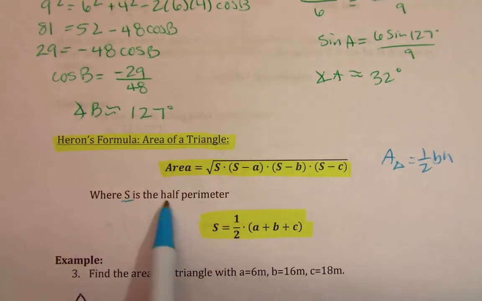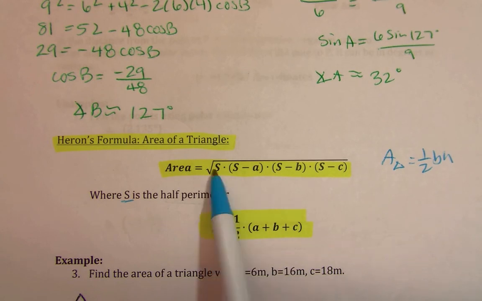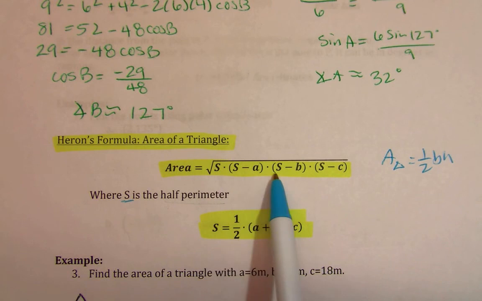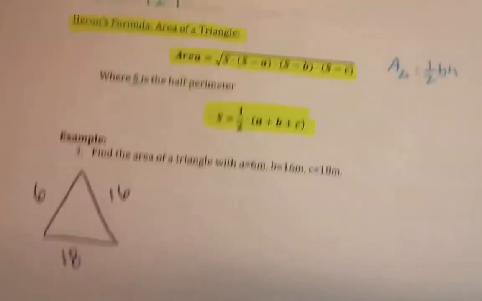Now S is called our half perimeter, sometimes called a semi-perimeter. We add all 3 sides up and divide by 2. That gives us this S value. Now once we have that S value, S times S minus A times S minus B times S minus C gives us the area of the triangle. So let's go ahead and do that in an example here.